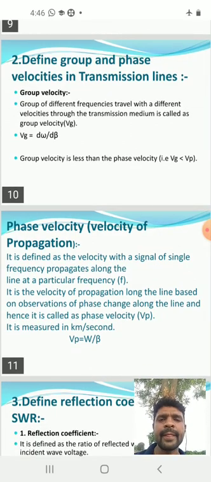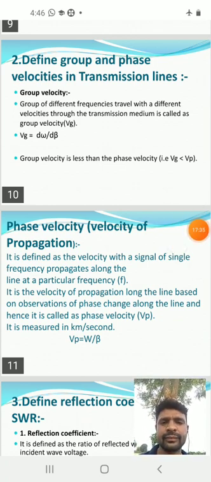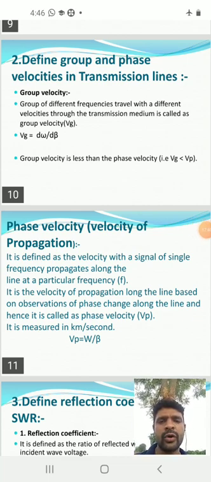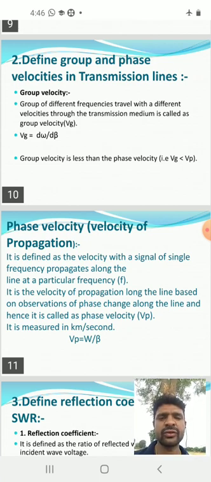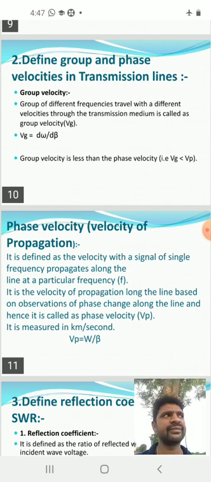Next, define group and phase velocities in transmission line. Group velocity. A group of different frequencies traveling with different velocities through a transmission medium is called group velocity.